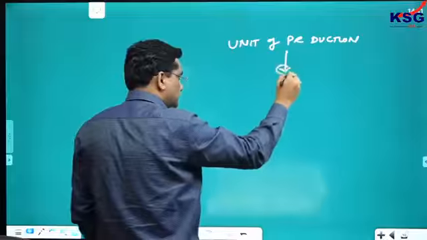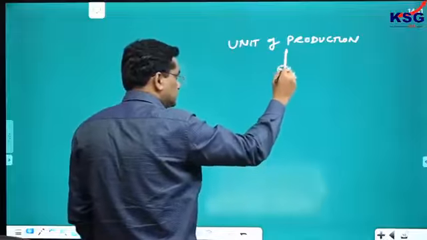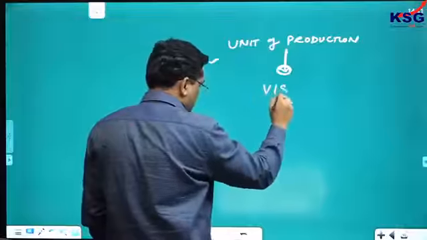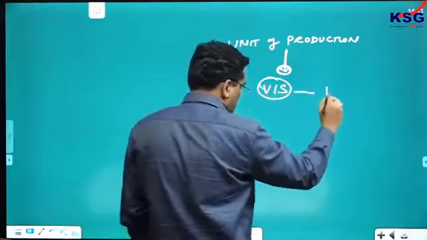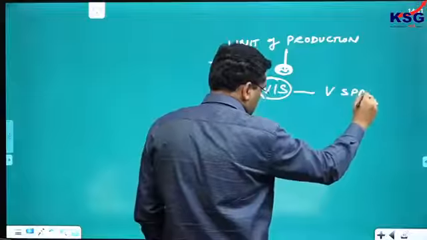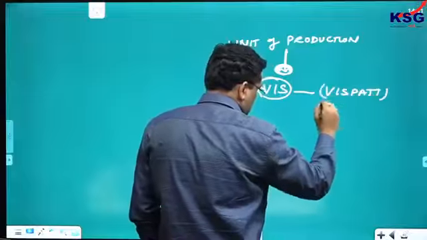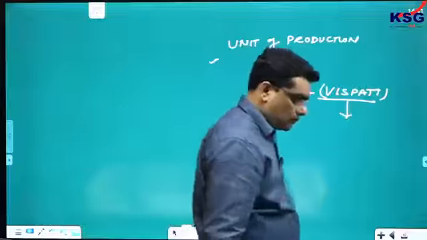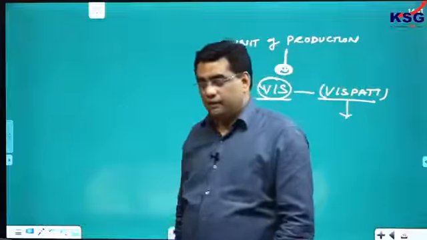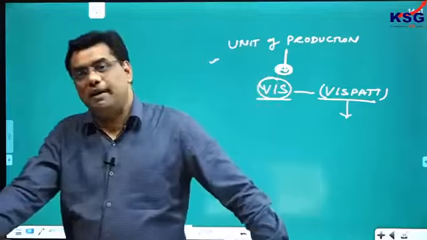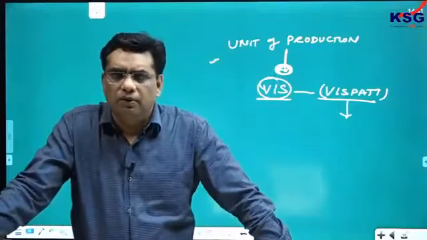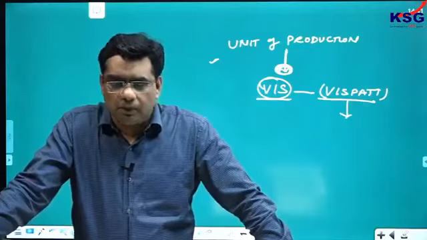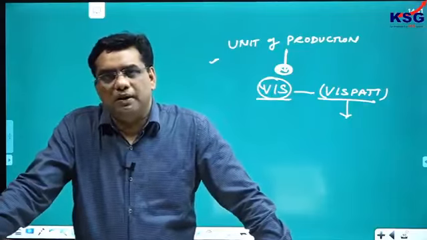Unit of production. Vis. The head of that is called Vispati. So in a tribe, there will be pastoralists, agriculturists, fishermen, and hunters.